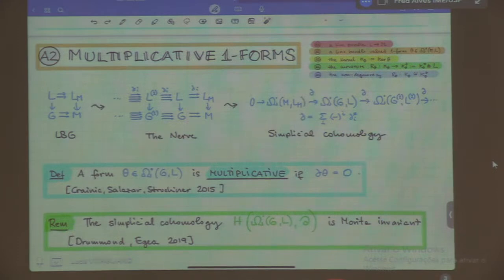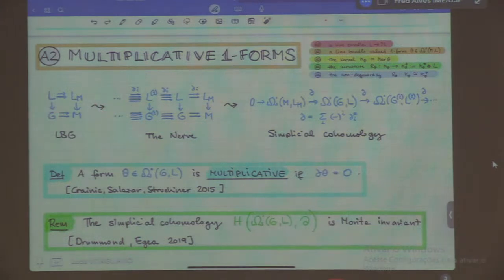So I need a line bundle in its groupoid version, so I begin with the groupoid L, and I will also need the nerve. But the nerve of the total groupoid is actually a vector bundle over the nerve of G, but this is a simplicial vector bundle.